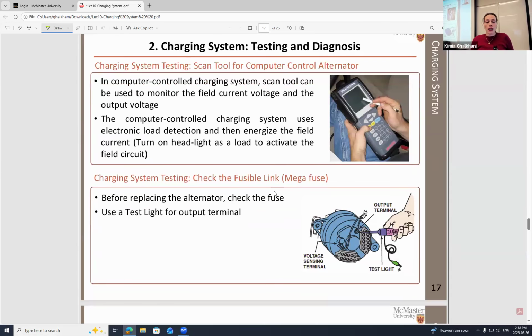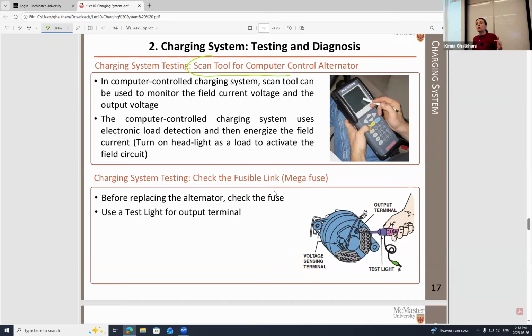Another one which I'm going to explain is the scan tool. So far in the previous test methods, I was using a multimeter. In this one, I'm using a scan tool. This is important: the scan tool is going to look at the field current voltage and output voltage through the rotor. Therefore, I have to make sure that I energize the field current.